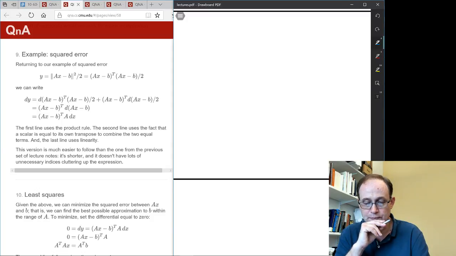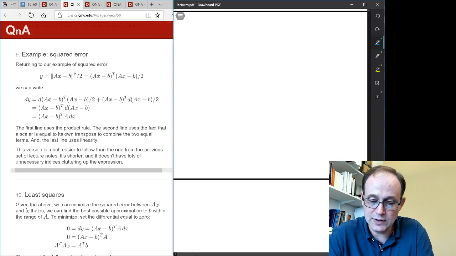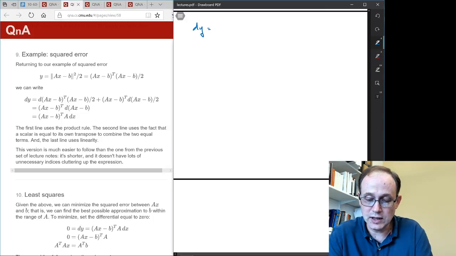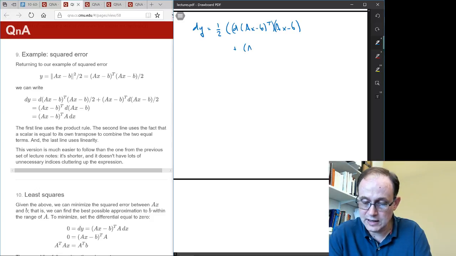And so to evaluate that, we have that dy is equal to, by the product rule, let's just pull out the half over here, and we'll have d of ax minus b transpose, with the parens like this, times ax minus b, plus then ax minus b transpose d ax minus b.